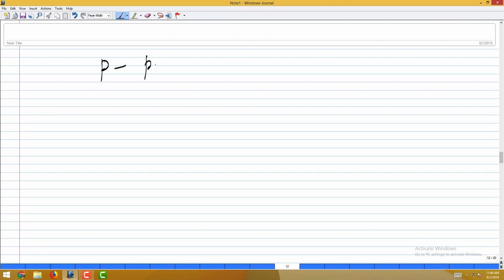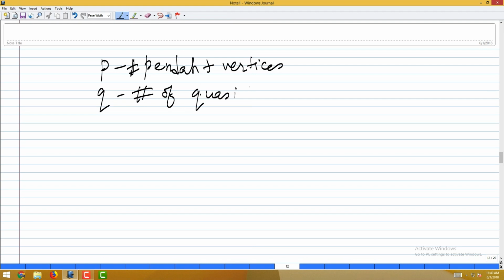Suppose p is the number of pendant vertices, and q is the number of quasi pendant vertices. By quasi pendant we just mean all those vertices which are adjacent to degree 1 vertices.